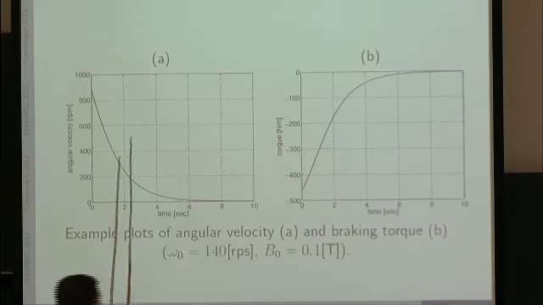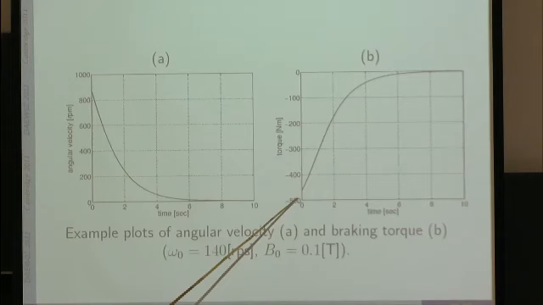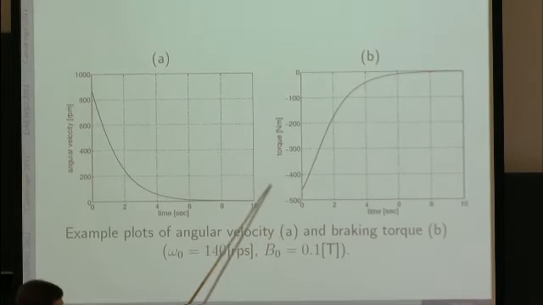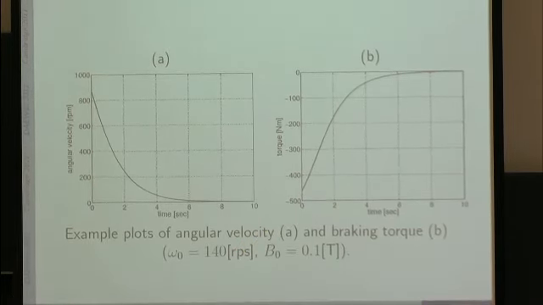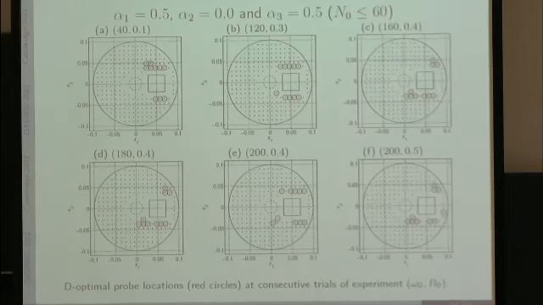This is the dynamics, so the angular velocity from the initial one just going to 0, and of course the braking torque, which is greatest at the beginning, so the more speed you have, the greater torque is. And probably this is most important.